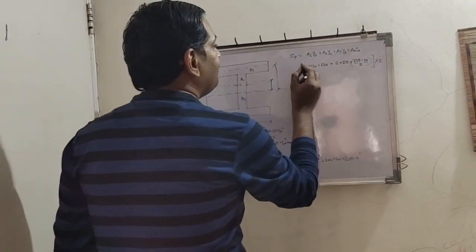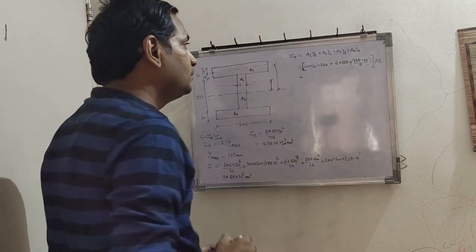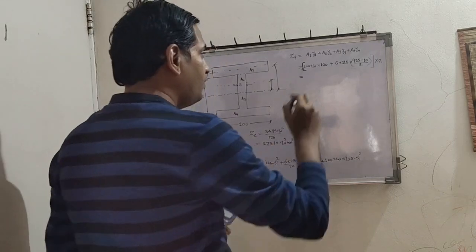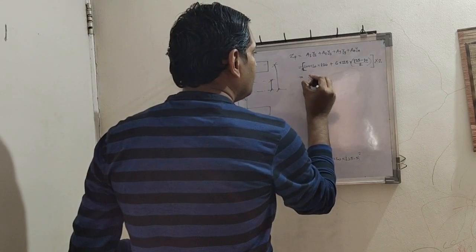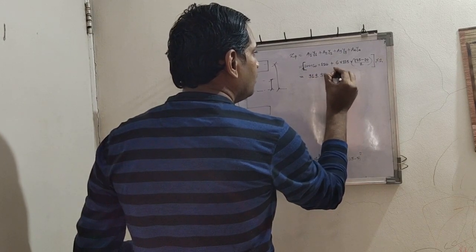So this value is 2 times. So we shall find out this value and it comes out to be 319.35 into 10 raised to 3 millimeter cube.